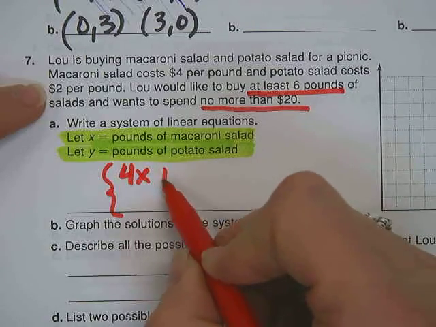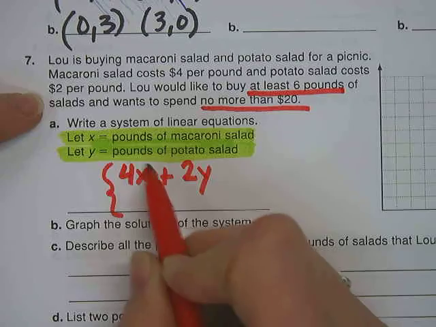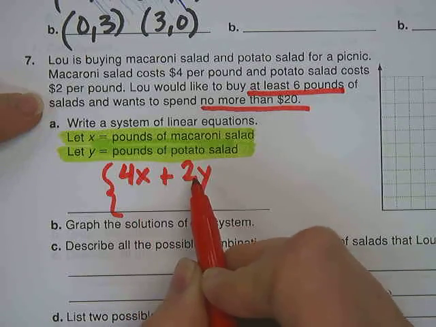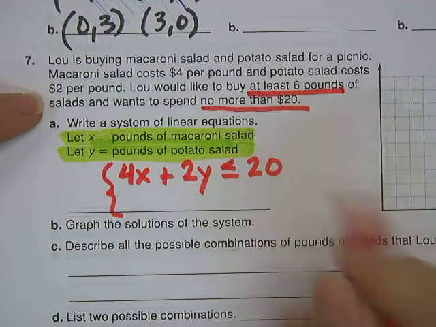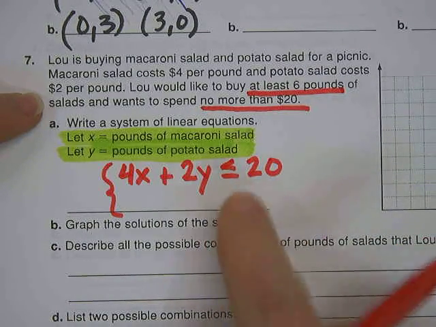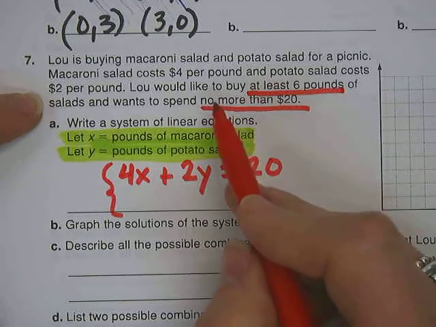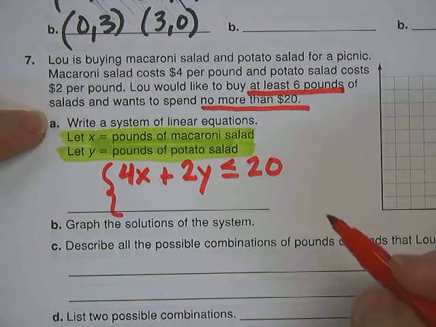So if we buy X pounds, it's going to be 4X plus 2Y, and that's representing our cost. So $4 per pound plus $2 per pound, and we don't want to spend any more than $20. It would be okay to spend 20, so that's why we have the equal to, but we want less.